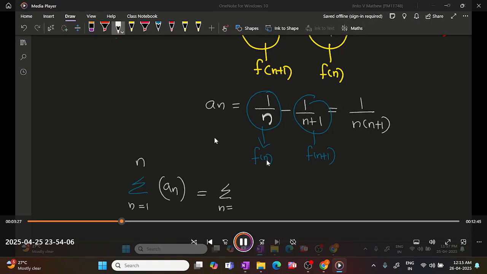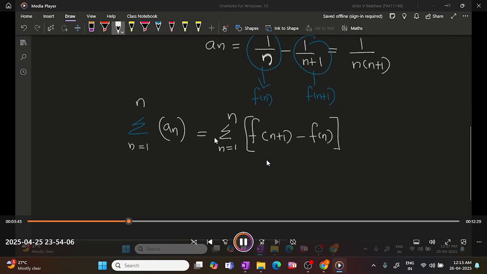So sigma n is equal to 1 to n of f of n plus 1 minus f of n, it is going to be f of n plus 1 minus f of 1.